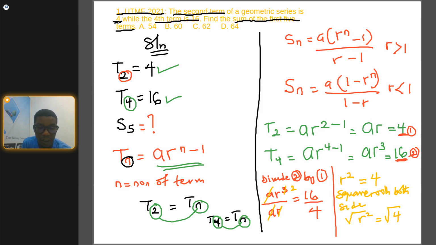Let's have the continuation here. The square root of 4 will be equal to 2.